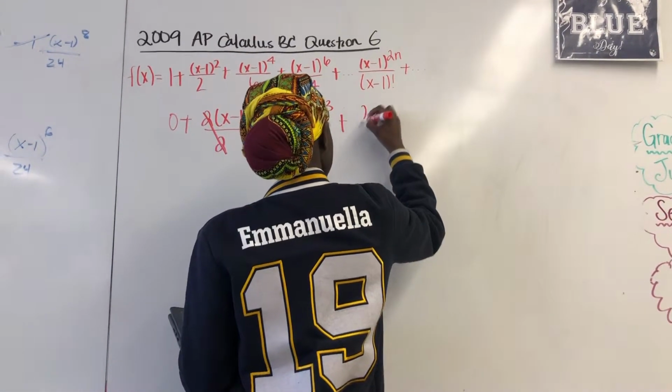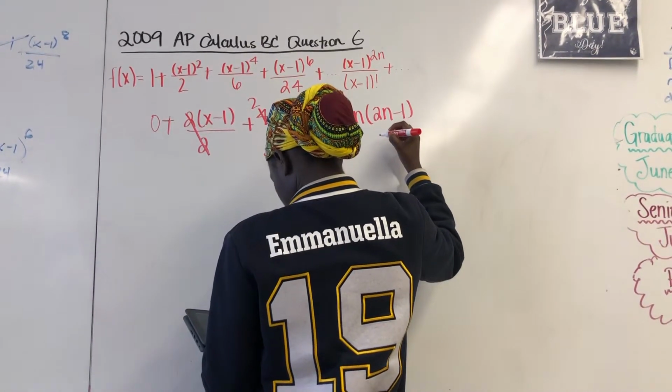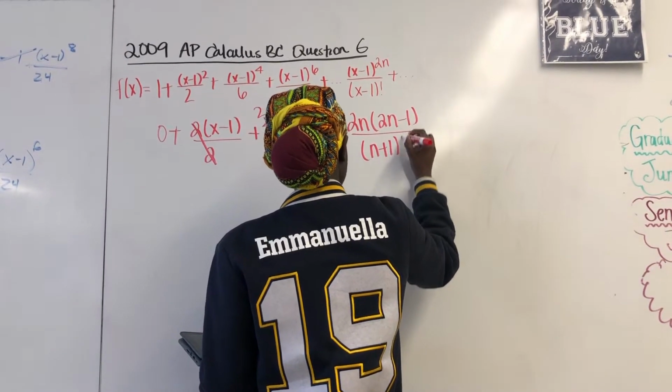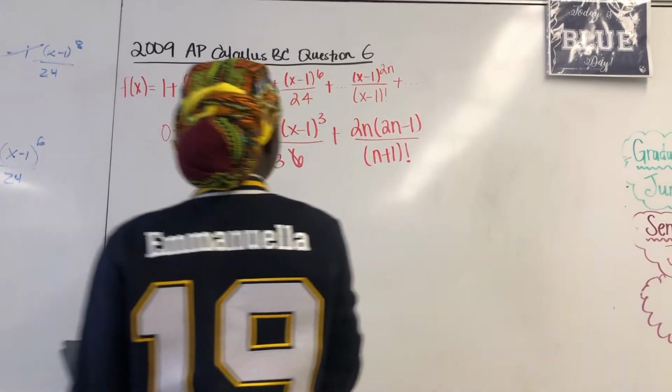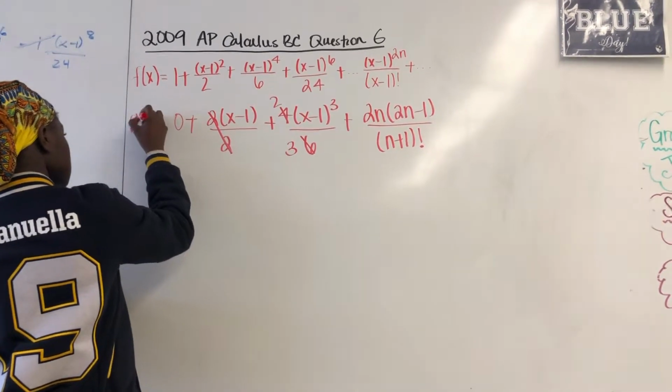And when you simplify, you get 2 over 3 plus 2n times (2n minus 1) over (n plus 1) factorial.